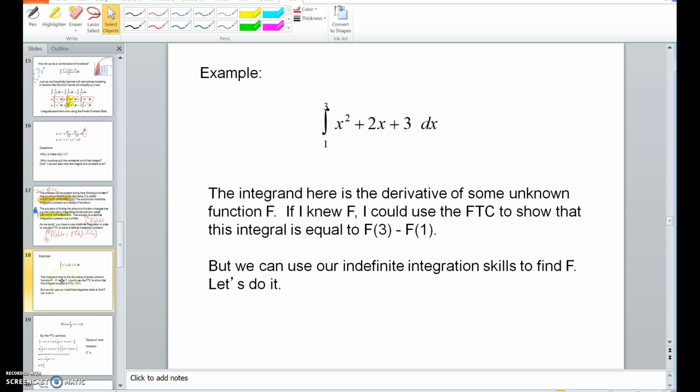So here's an example on the next slide. We have this function, x squared plus 2x plus 3. It's a quadratic. We're trying to find the area underneath the curve. So step one, find the antiderivative.